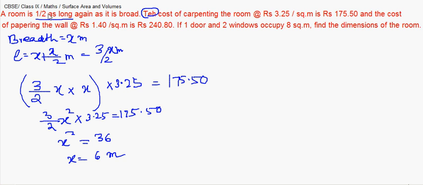So breadth is now calculated as 6 meters and length will be 3 by 2 into 6, that is 9 meters, right? Now it says the cost of papering the wall.